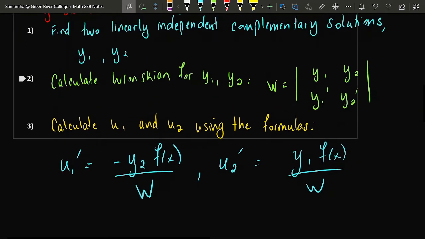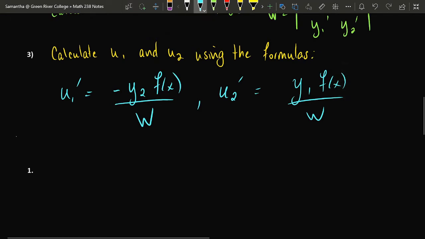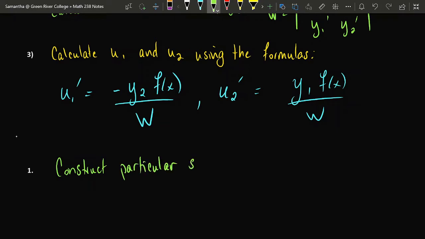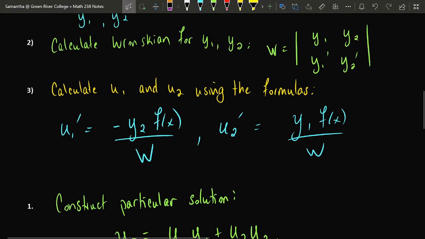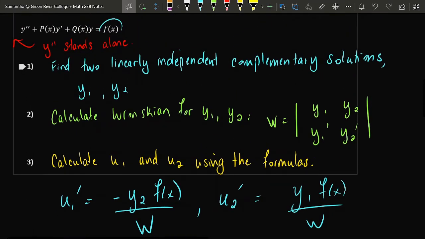Finally, once you've done these three steps, you can assemble a particular solution. The particular solution is given by y sub p equals u1 times y1 plus u2 times y2. So fairly similar in spirit to the reduction of order formula.